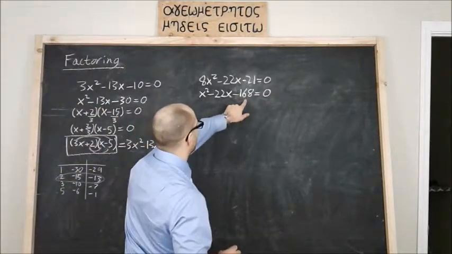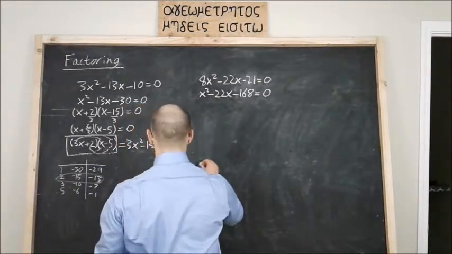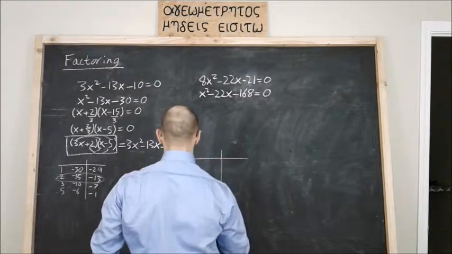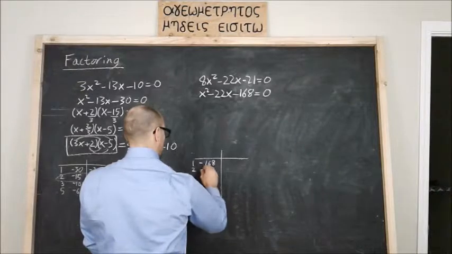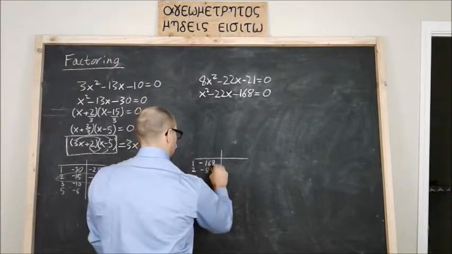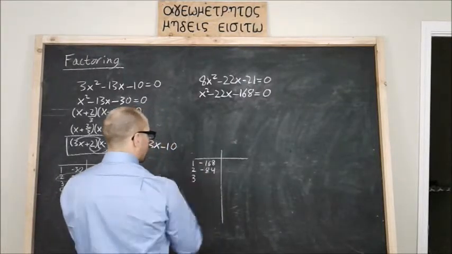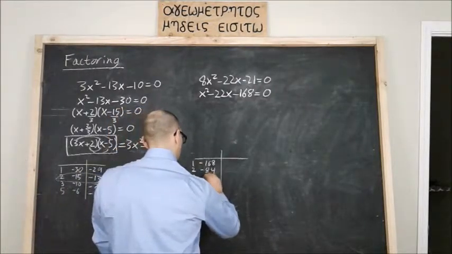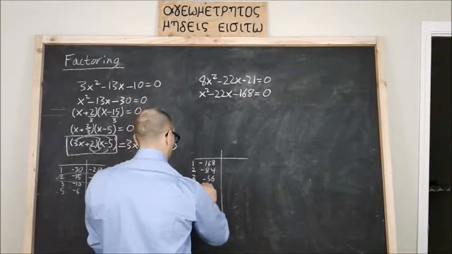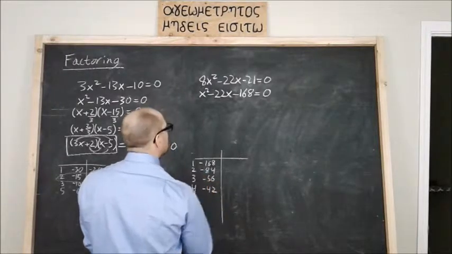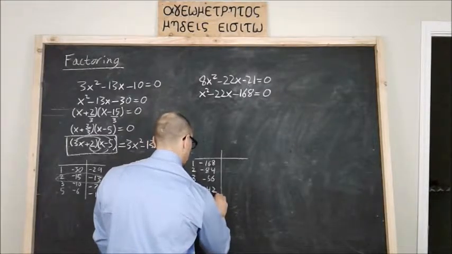Factors of negative 168, whose sum is negative 22. All right, so I'm going to make a table. I've got 1, negative 168, 2, and minus 84, 3, and minus 56, 4, and minus 42, 6, and minus 28.